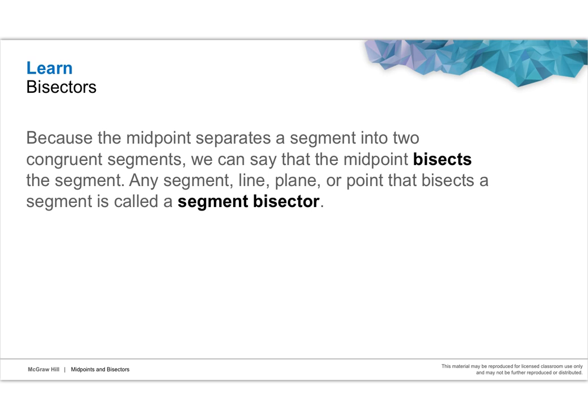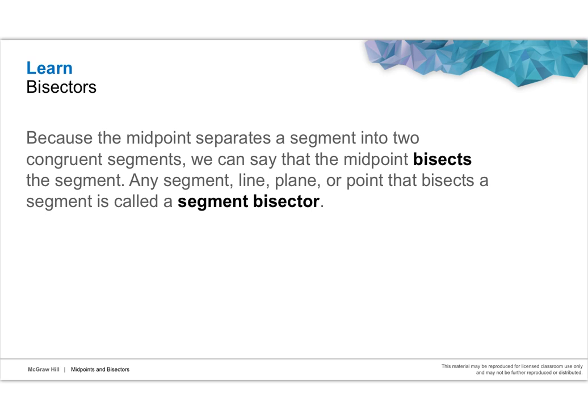Continuing to our last learning goal at the top of page 53, we're going to be talking about bisectors in this section. Because the midpoint separates a segment into two congruent segments, meaning the distance on one side is the same as the distance on the other, we can say that the midpoint takes an action called bisecting the segment.